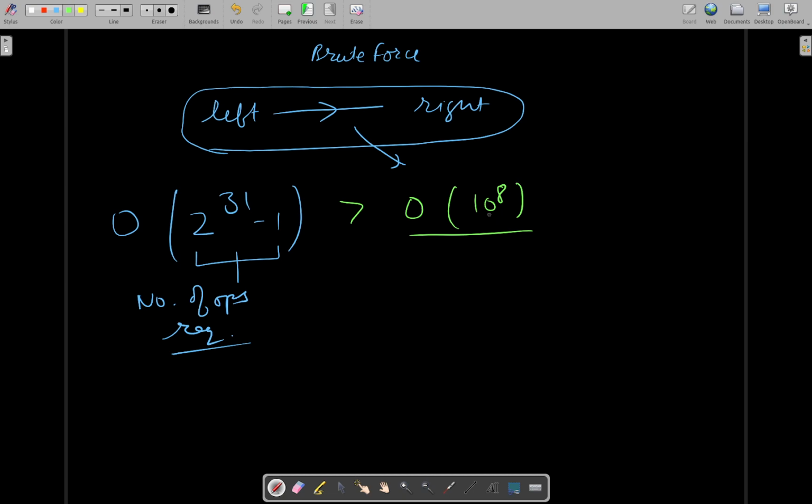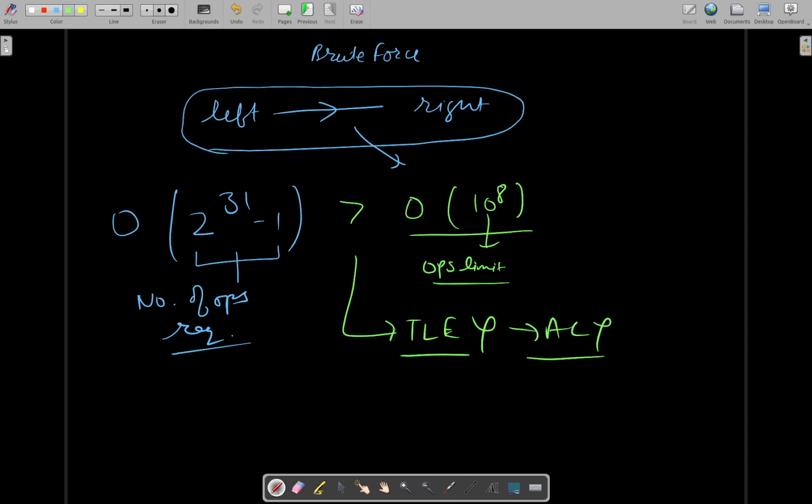If the number of operations required by your program exceeds or becomes equal to 10 raised to power 8, then you may get a TLE, which is time limit exceeded, and your solution will not be accepted.